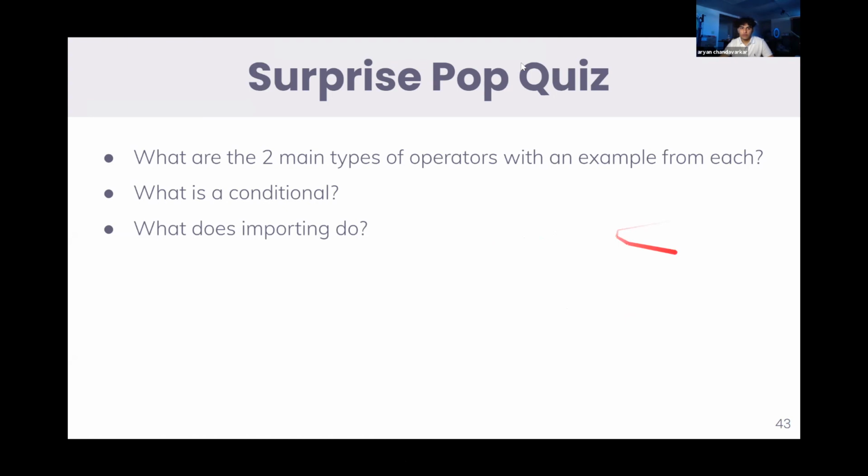Can anyone tell me, from earlier in the lesson, what the 2 main types of operators are and give me an example from each? It's okay if you're wrong. Don't worry about it. That's how we learn.